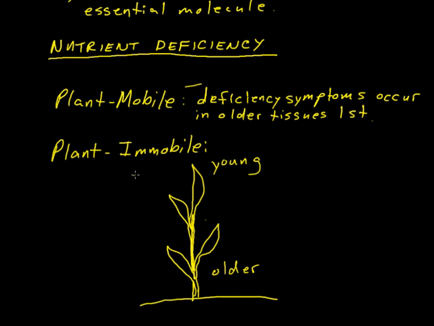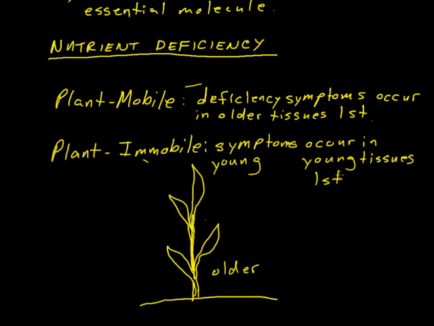In the case of a plant immobile nutrient, the symptoms occur in the young tissues first. And that reason is once they are in the older tissues, they are stuck. They cannot be remobilized, and that's why we call them immobile.